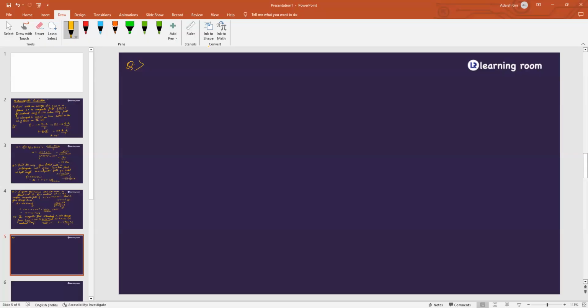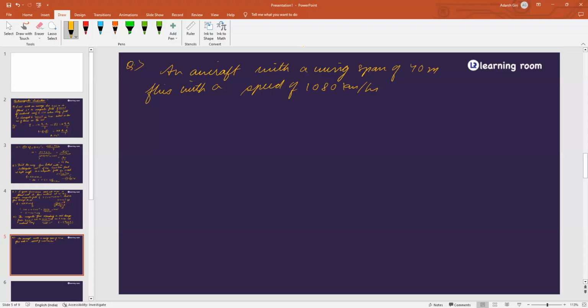The NCERT question says that an aircraft with a wingspan of 40 meters flies with a speed of 1080 kilometer per hour in the eastward direction.